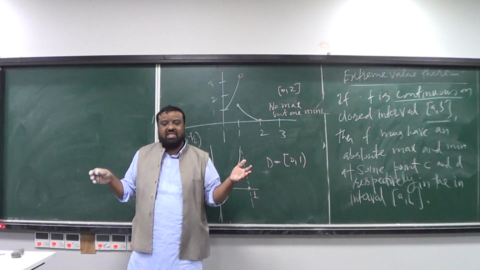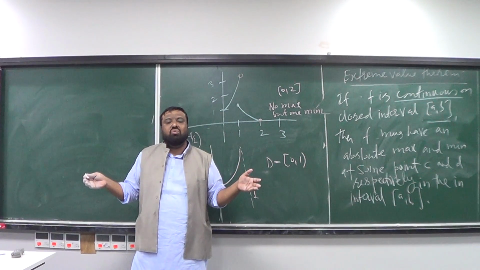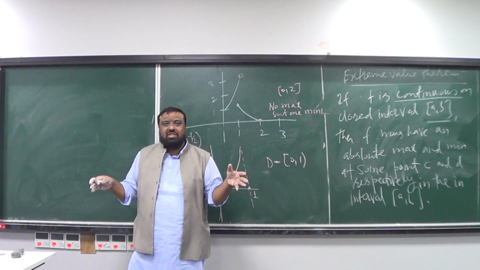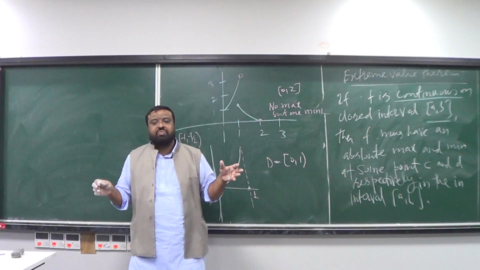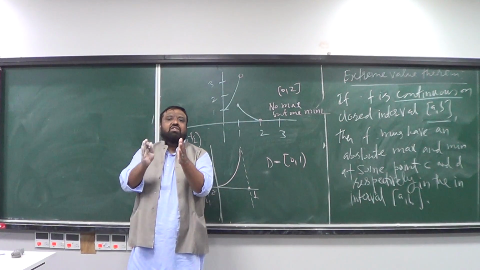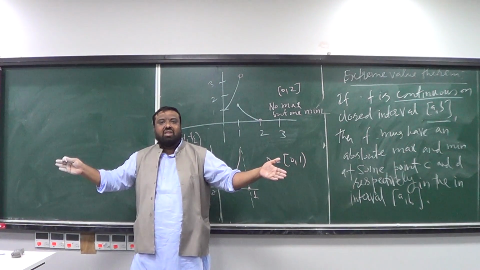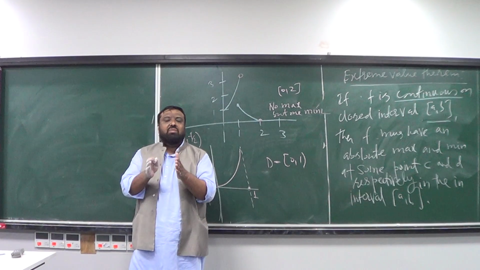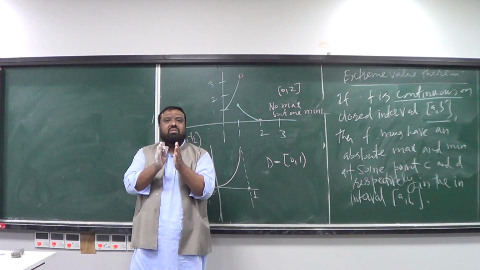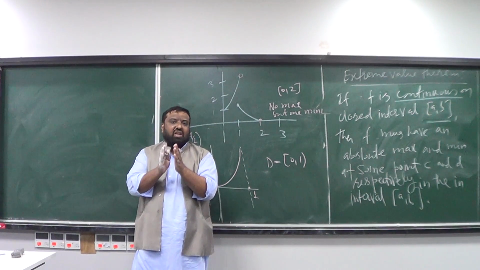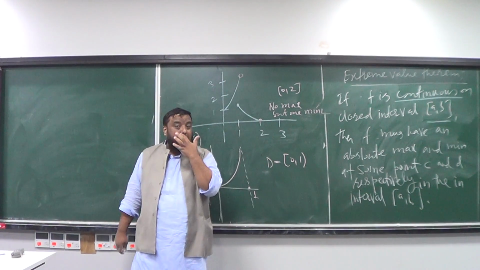The value that is smallest of all values in the given domain. What is local maximum? Local maximum is the maximum which is valid for a sub-interval, not for the entire domain. What is local minimum? Local minimum is the minimum for a small interval, not for all values.